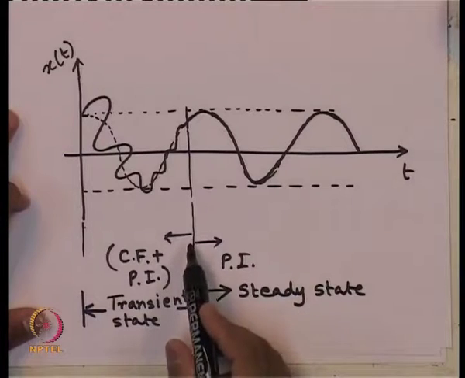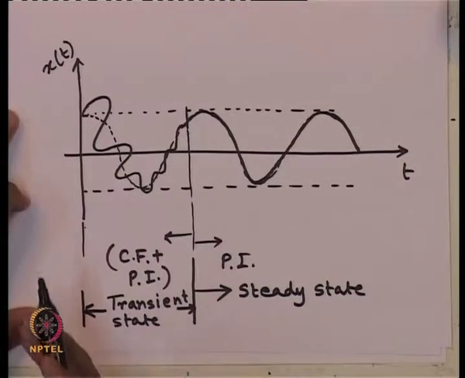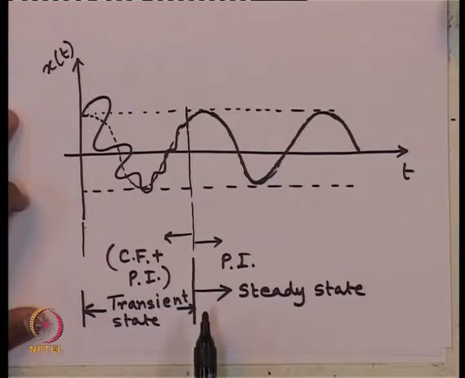So, beyond this point, where the initial conditions of the system vanish or die down, is called the starting of the steady state response. This is called the steady state response and this is called the transient state response.